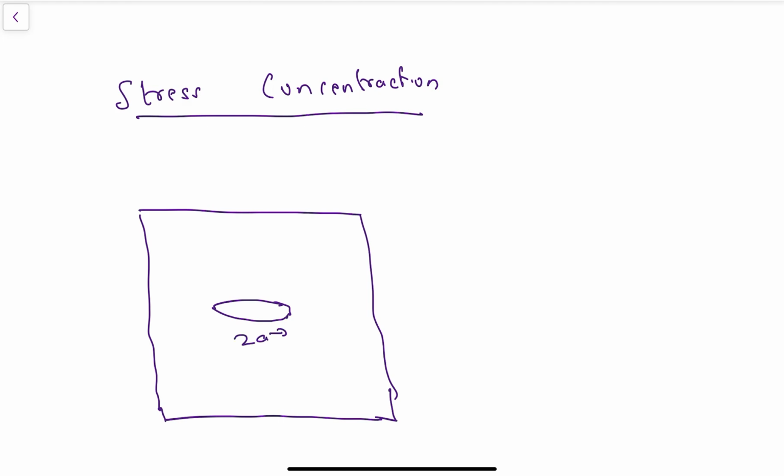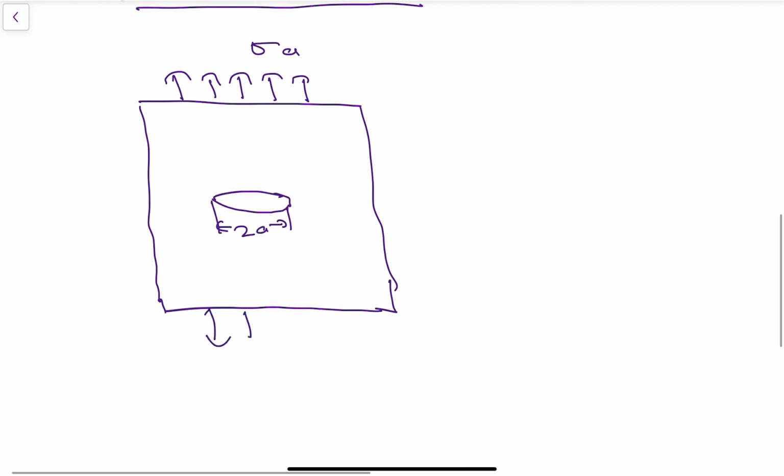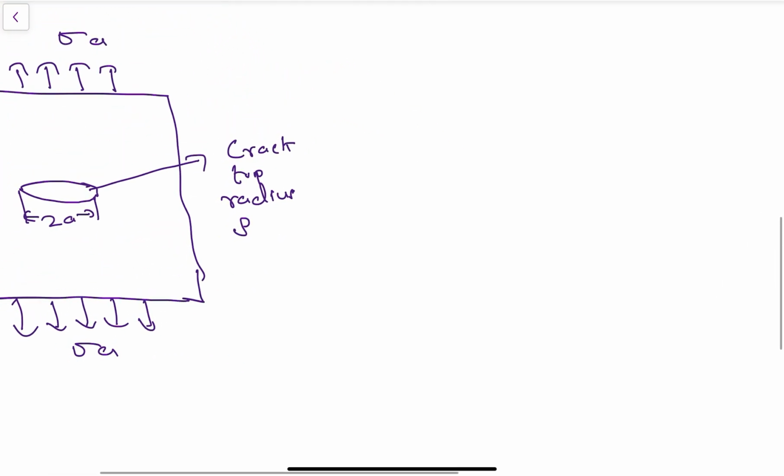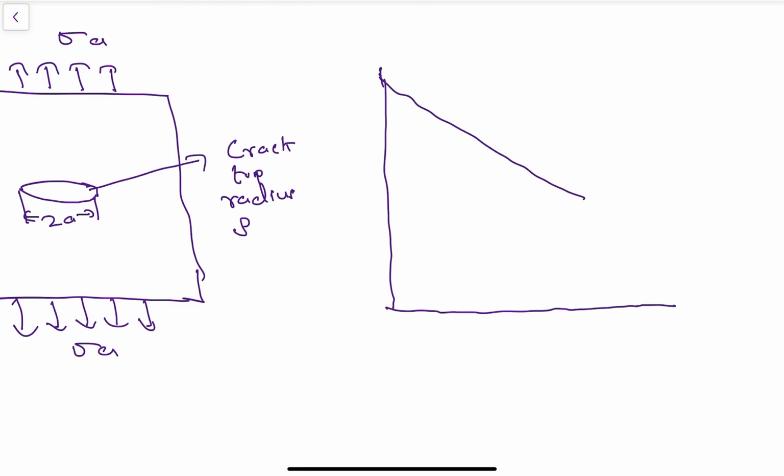So this is 2a, and here the applied stress is sigma A. Here the applied stress is sigma A, and here this is the crack tip radius, rho. As you move towards the tip, you can see the stress.